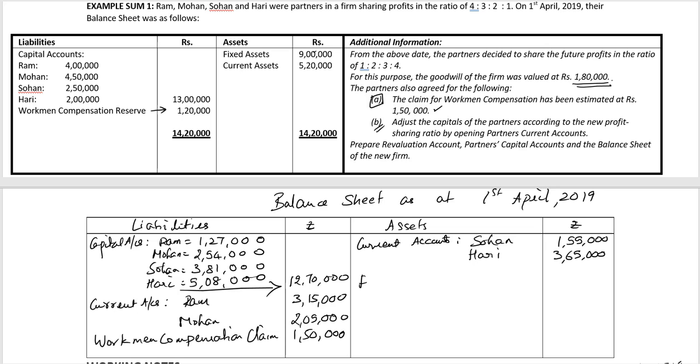There is no change in the fixed assets, which is 9 lakh, and there is no change in the current assets also, which is 5,20,000.